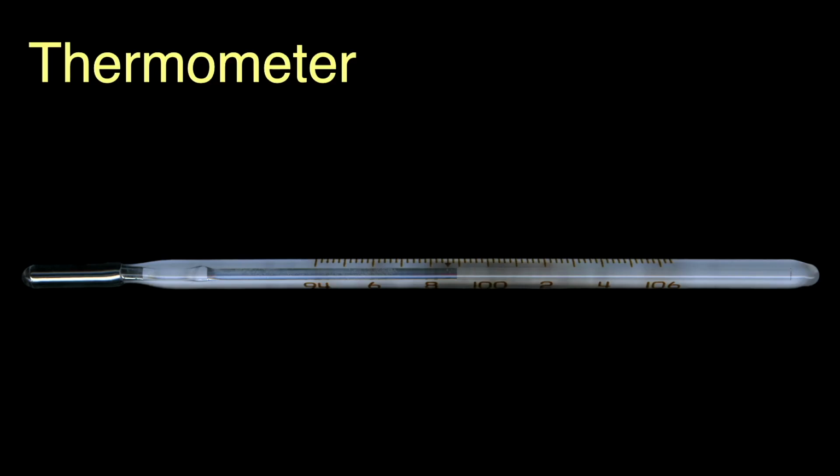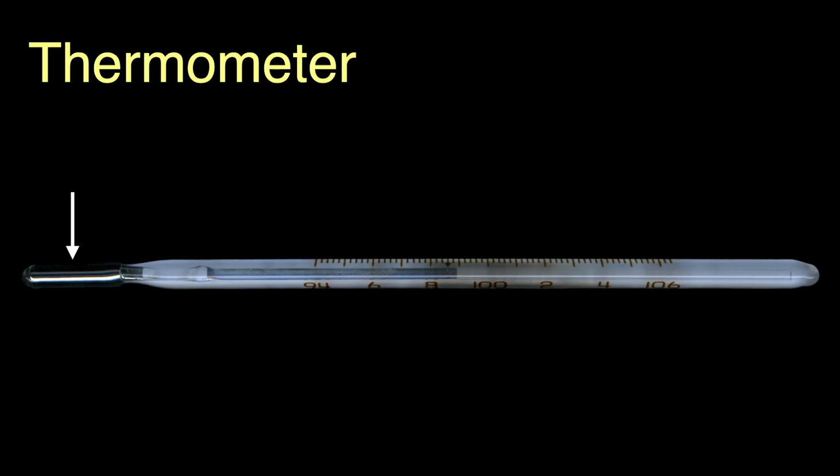This particular thermometer was used for measuring body temperature orally. They're now illegal because of the toxicity of mercury, but this is typical of mercury thermometers. A large reservoir of mercury is held in a bulb at one end. When heated, the mercury expands and is squeezed up a very thin tube called a capillary tube.